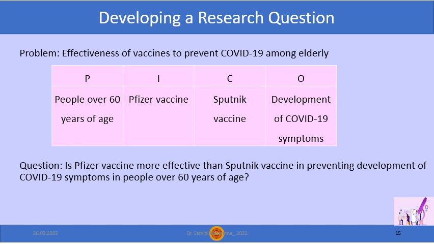So similarly, you can now say you want to check whether one drug is superior to another drug. Let's say whether drug A is more effective in treatment of hypertensive patients than drug B. So something like that.